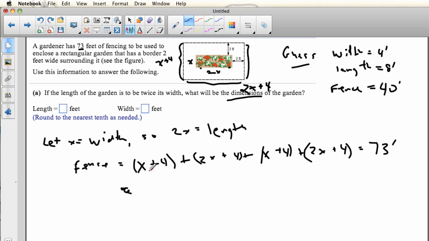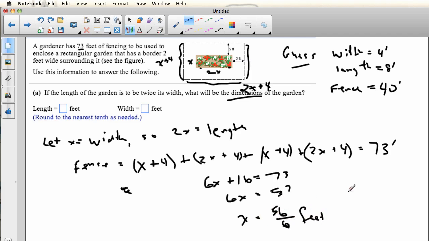On this side, I have x plus 2x plus x plus 2x. If I collect by x terms, I'll have 6x. And I have plus 4 plus 4 plus 4 plus 4, so that's 16. Subtract 16 from both sides. And so x is 57 divided by 6, whatever that is, feet.